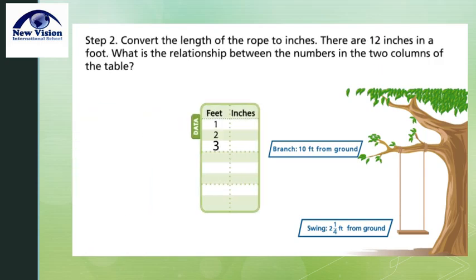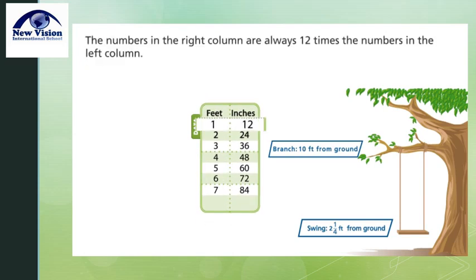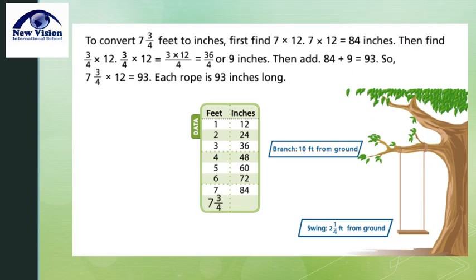Step 2. Convert the length of the rope to inches. There are 12 inches in a foot. What is the relationship between the numbers in the two columns of the table? The numbers in the right column are always 12 times the numbers in the left column. To convert 7 3/4 feet to inches, first find 7 times 12. 7 times 12 equals 84 inches.